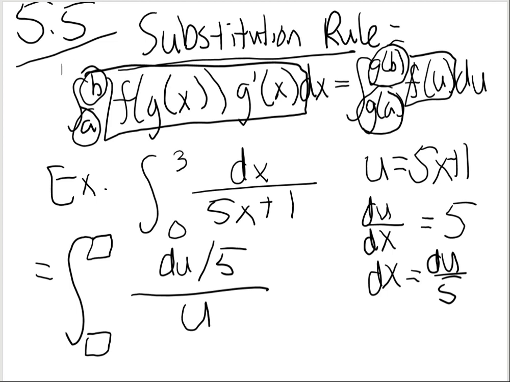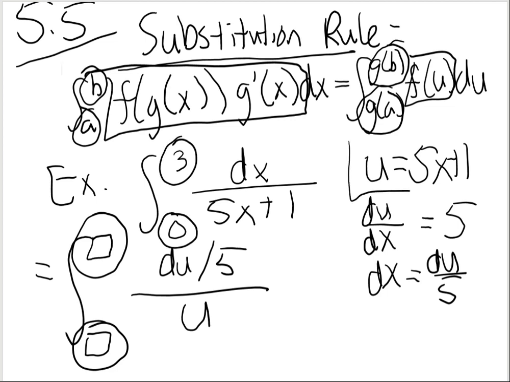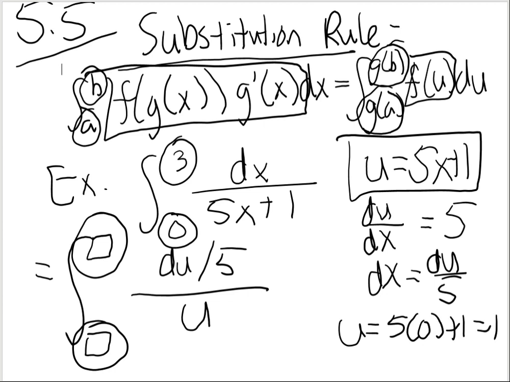Now what does the substitution rule say goes in here? Well, it says take your normal limits of integration and plug them in to your change of variables. So for the first one, it would be u equals 5 times 0 plus 1, or 1. For the second one, it's u equals 5 times 3 plus 1, or 16.